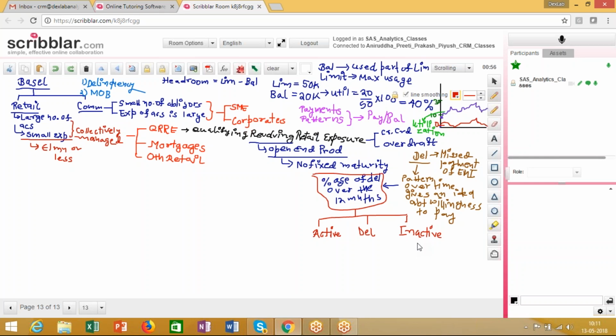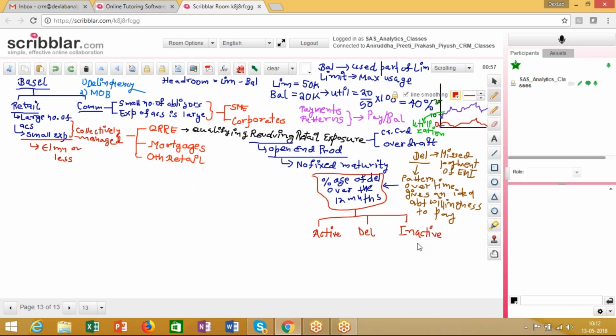When probability of default is being estimated, the inactive segment needs to be treated very carefully, because these are accounts which have not been performing over the last 12 months. They have not been playing a role, but that does not guarantee that they will not play a role in the future.